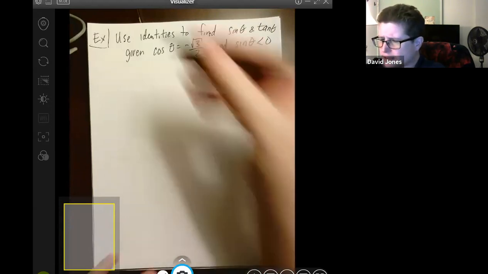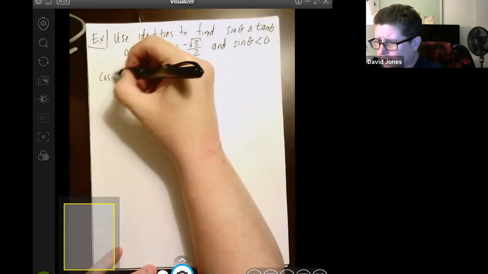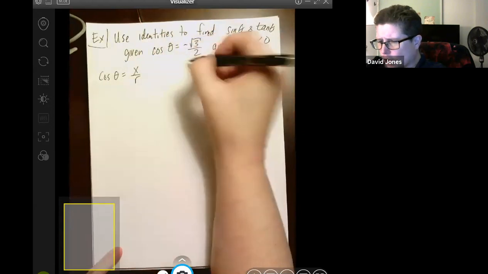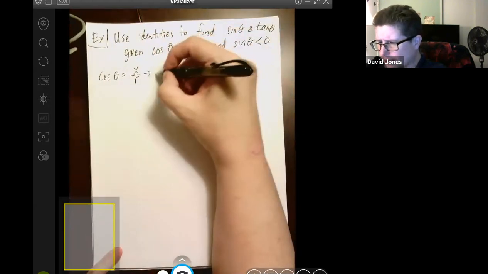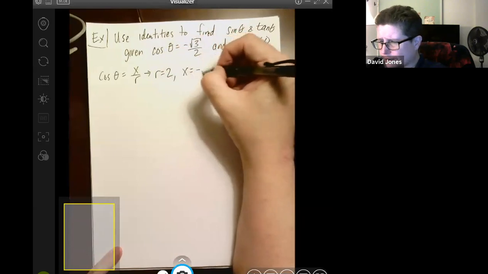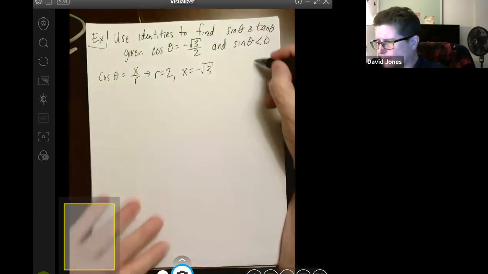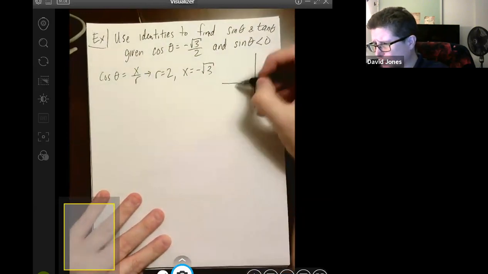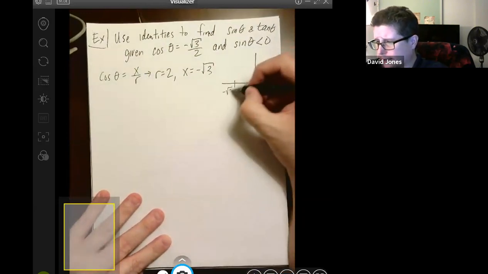Because cosine theta is x over r, and r is always positive. So we know r equals 2, which means x equals negative root 3. But that's true in quadrant 2 and 3.